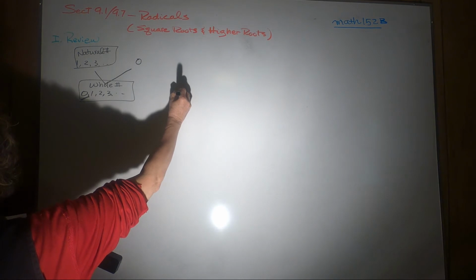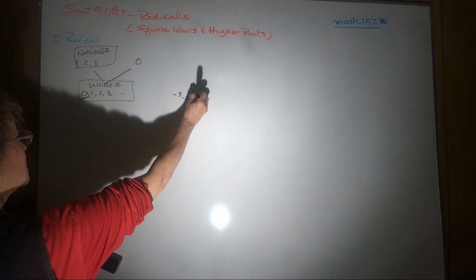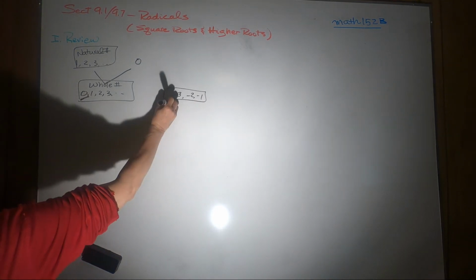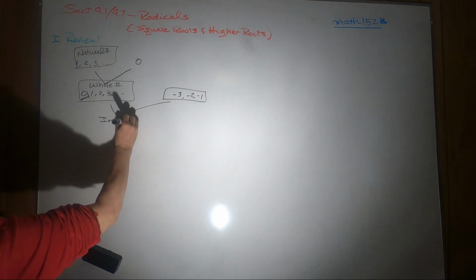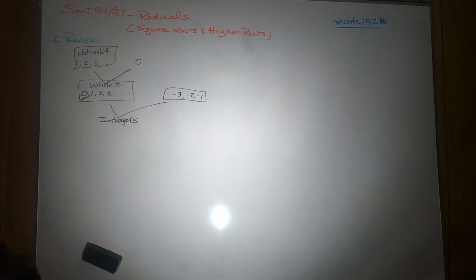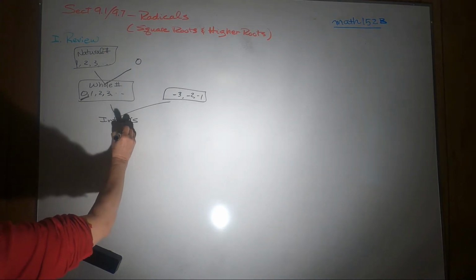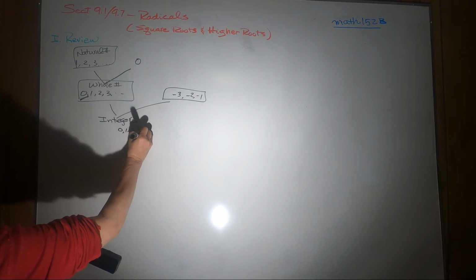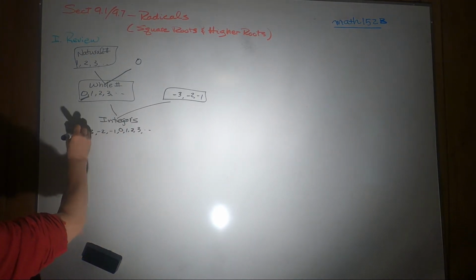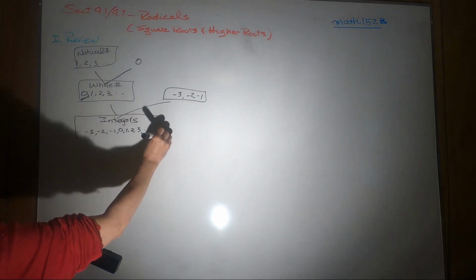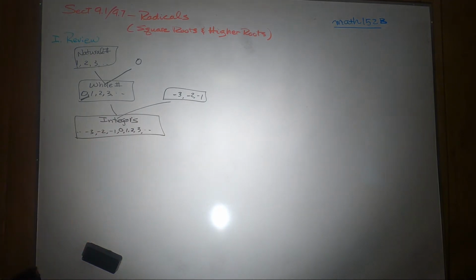We add -3, -1, negative numbers. Together, we call them integers. Those are the names given to differentiate things we are using. Integers means you have whole numbers, positive and also negative.